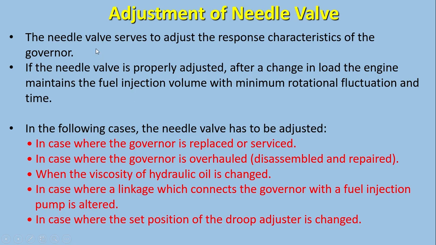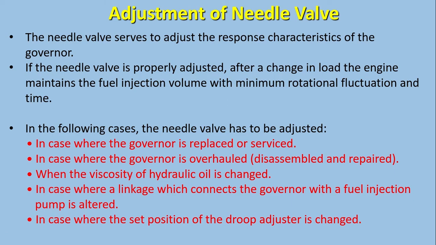So what does it do? It serves to adjust the response characteristics of the governor. If the needle valve is properly adjusted, after a change in load the engine maintains the fuel injection volume with minimum rotational fluctuation and time.